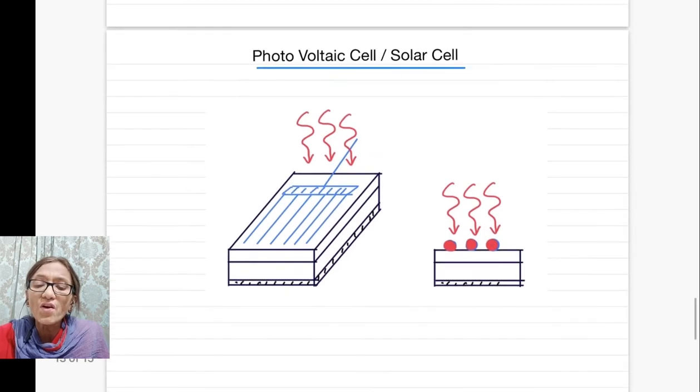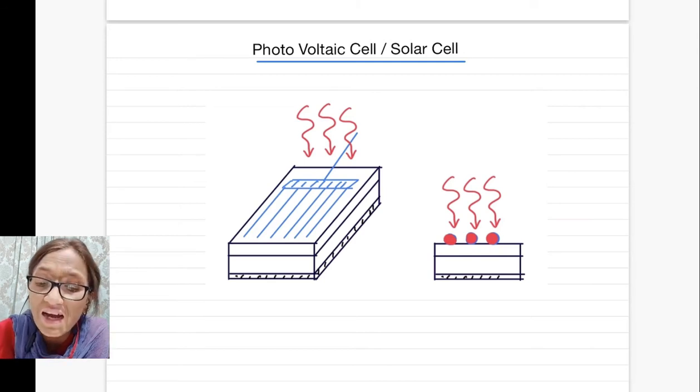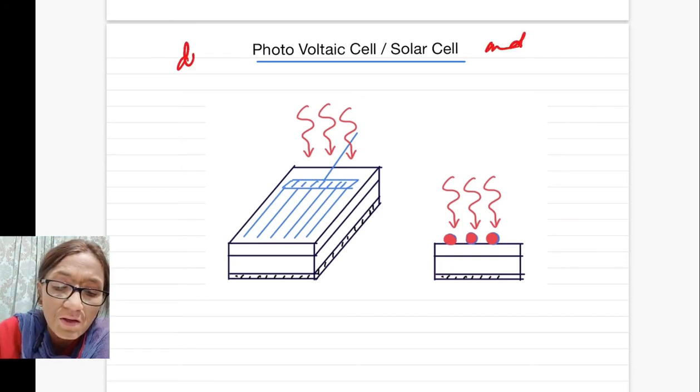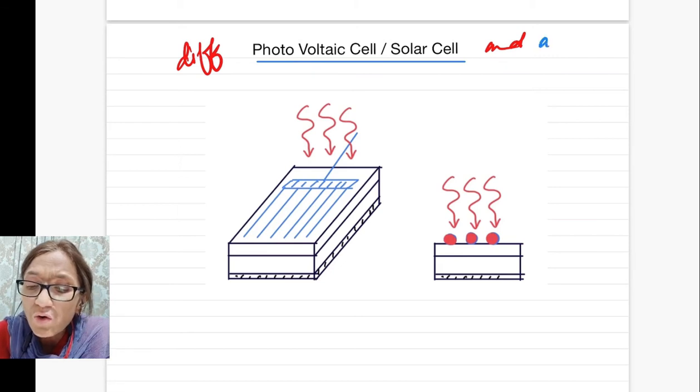Now the photovoltaic cell or solar cell. This photovoltaic cell is similar to a photodiode. Both act in reverse bias. But what is the difference between a photovoltaic cell and a photodiode?